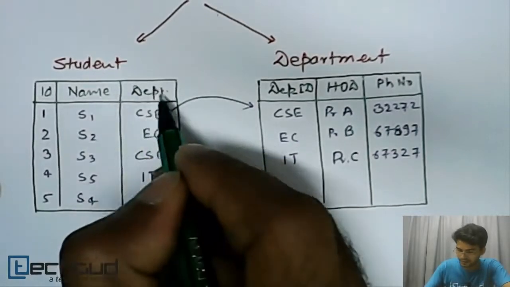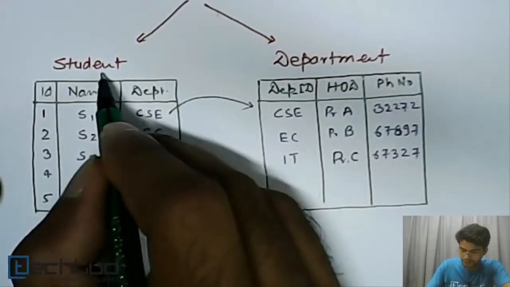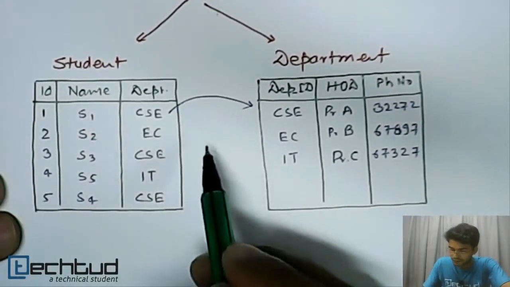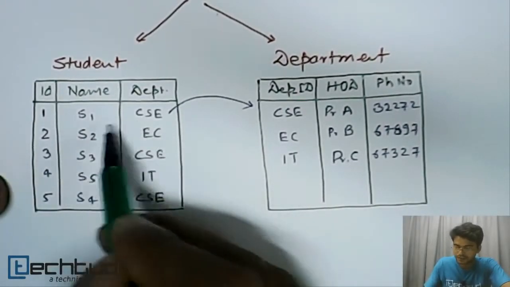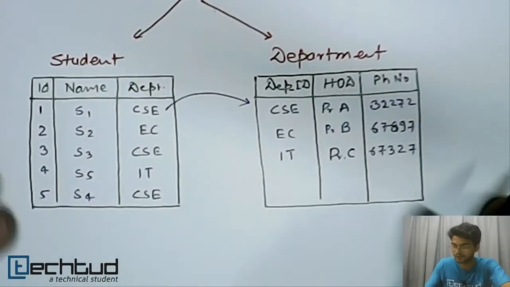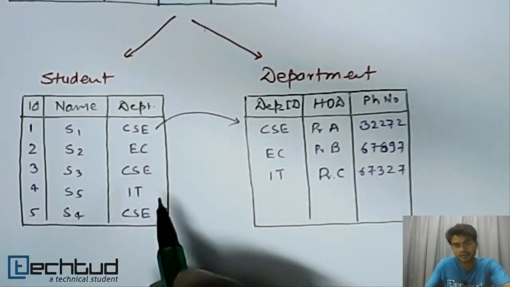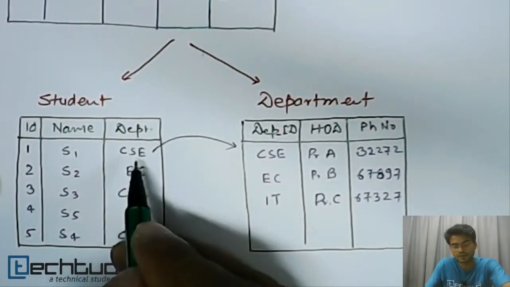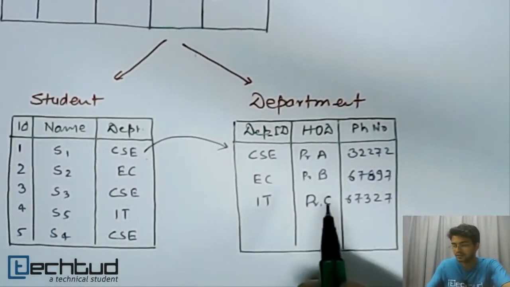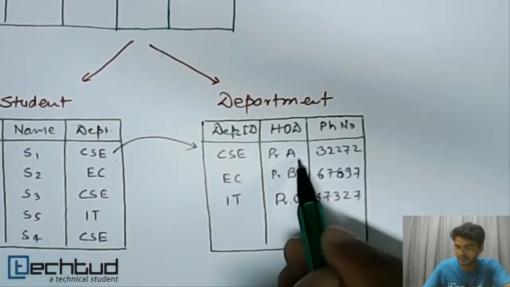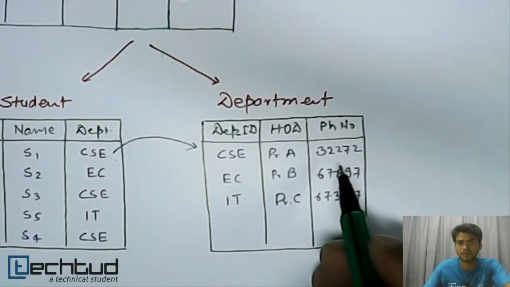Department is a foreign key of the student table, referring to the department table. Whenever we need the details of a department, we refer to the department table. Now the redundancy is minimized: we are just storing the student's department ID, and we are separately storing the department's information, that Professor A is HOD and this is the phone number.